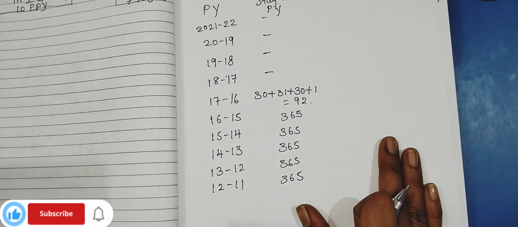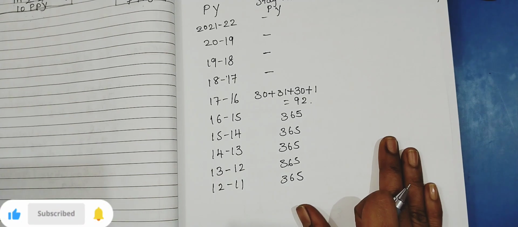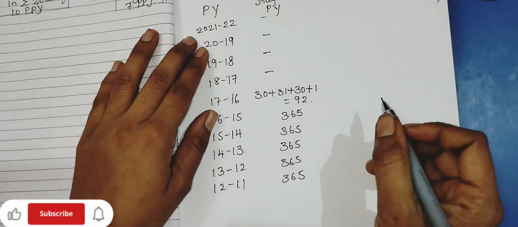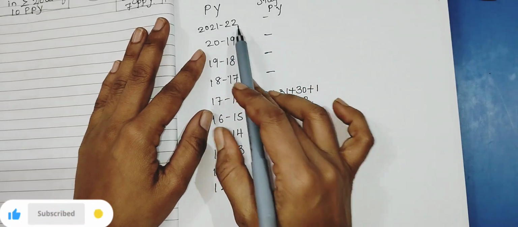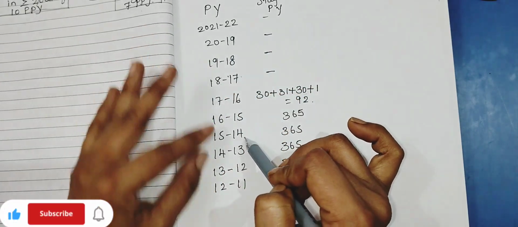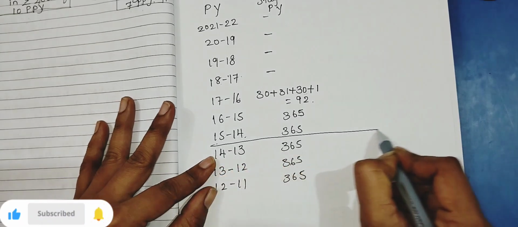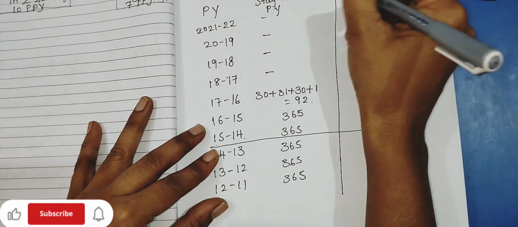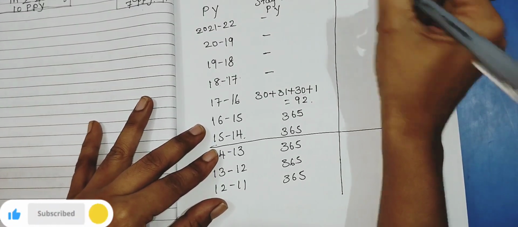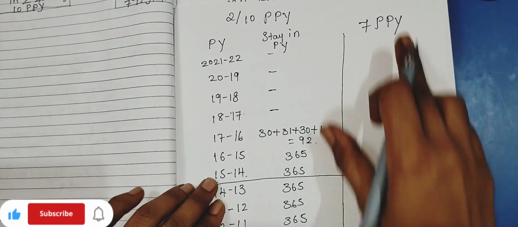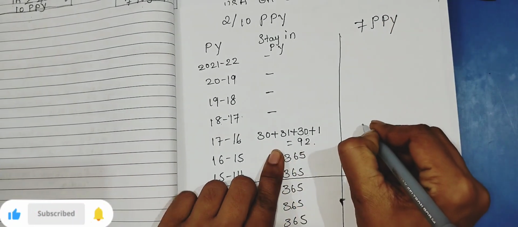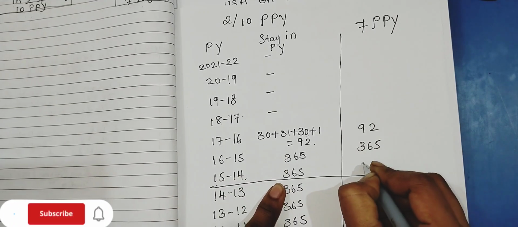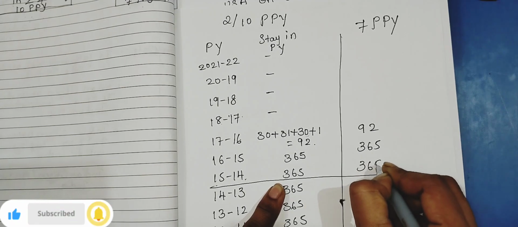He must stay in India more than or equal to 730 days in 7 preceding previous years. 7 preceding means take only 7 years. 1, 2, 3, 4, 5, 6, 7. See here, this is for the 7 preceding previous years we are taking. 92 days, 365 days, 365 days.